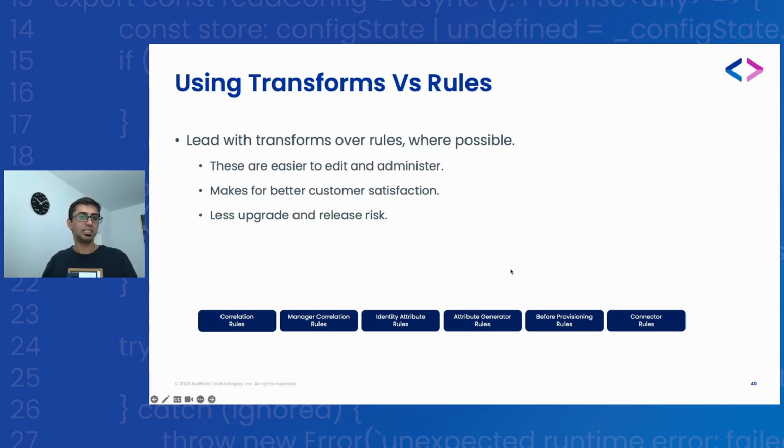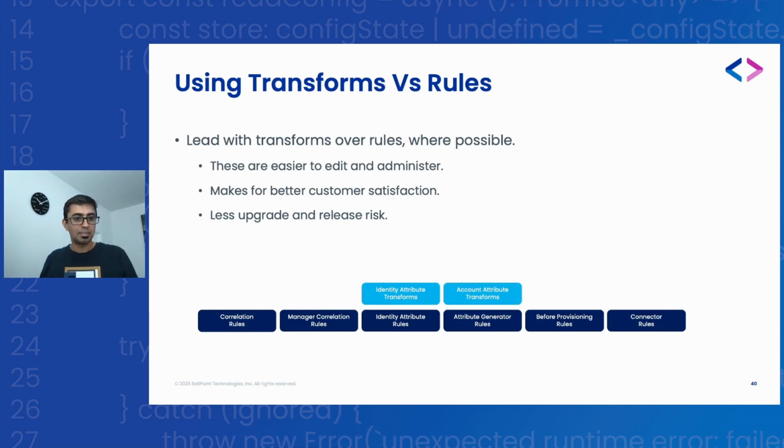The reason is that transforms are easier for the administrator to view and edit, and they are easy to migrate, because deployment of a transform does not go through any rule review process, whereas all cloud rules need to go through rule review. Sometimes making the rules work takes a bit of time, and there is back and forth between the professional services team and the implementation team.